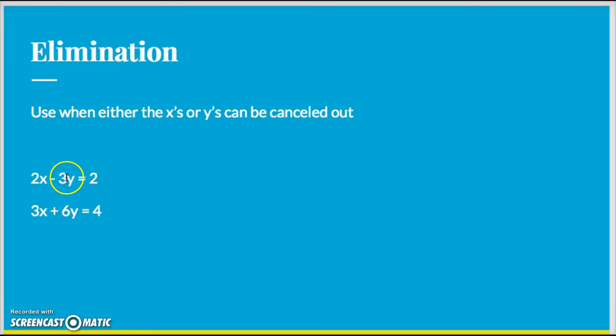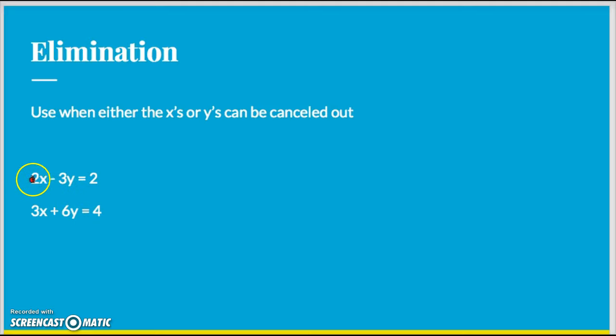I also notice that 3 will go into 6. So it'll make it really easy for me to change this equation so that it will cancel out. So my goal here is I want to take this top equation and change this minus 3y so that it says minus 6y, and then it will cancel out.